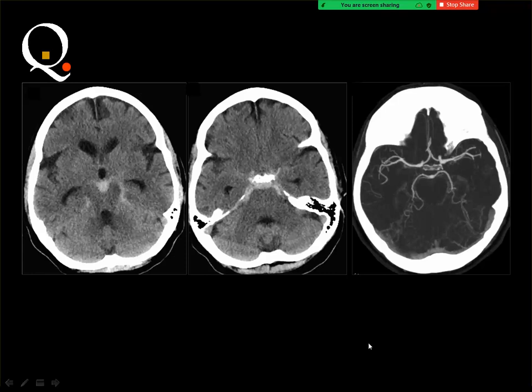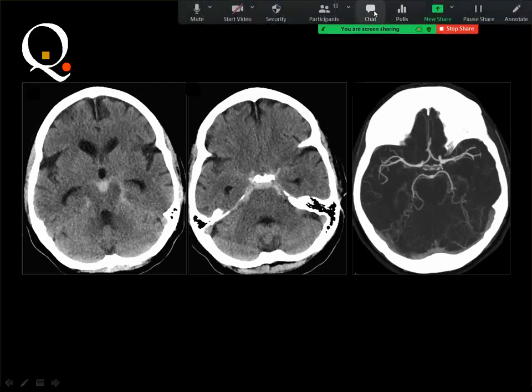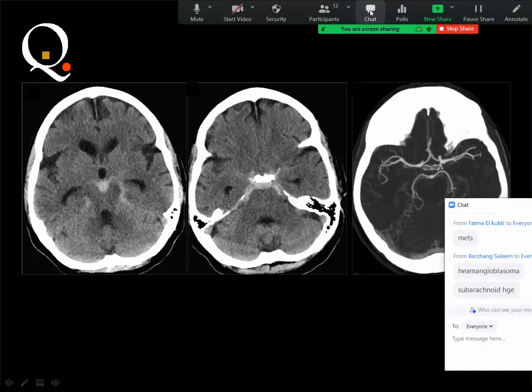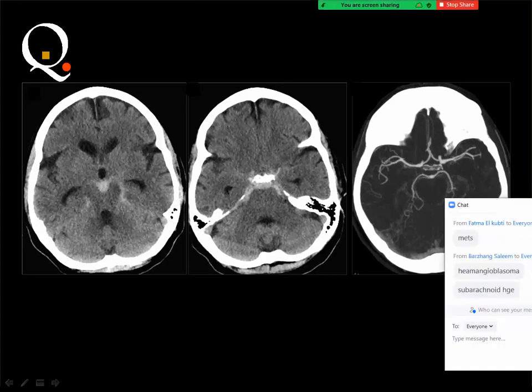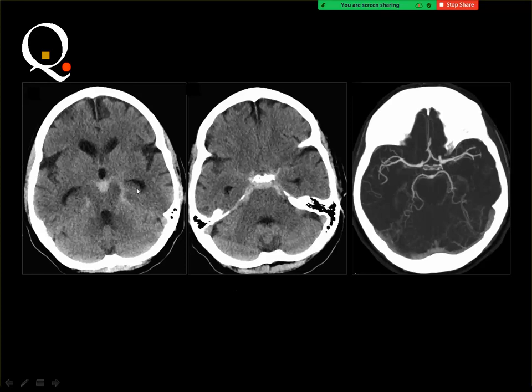Next case is brain without contrast, and this is also without contrast, and this is CT angiography. Yes, and this is subarachnoid hemorrhage, and this hemorrhage is located in the circummesencephalic cistern and the prepontine cistern, as well as in the ambient cistern on both sides.